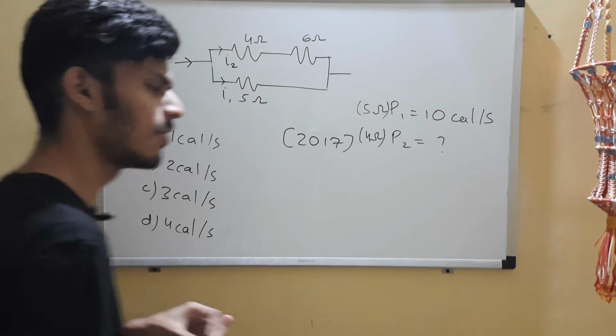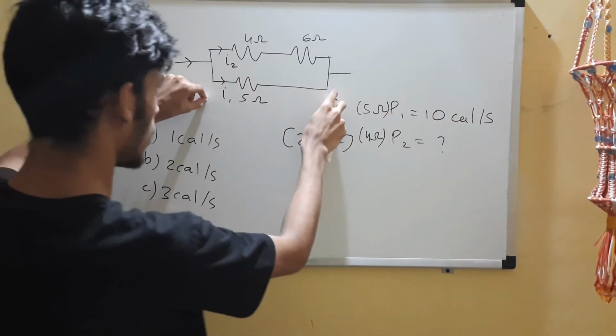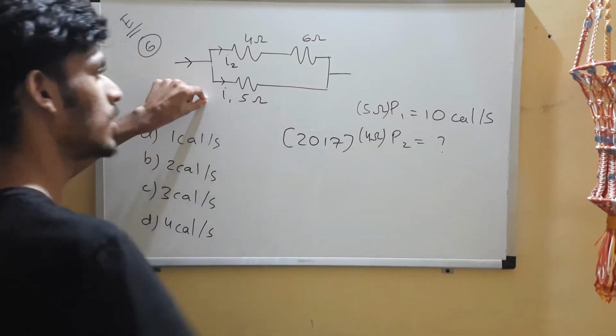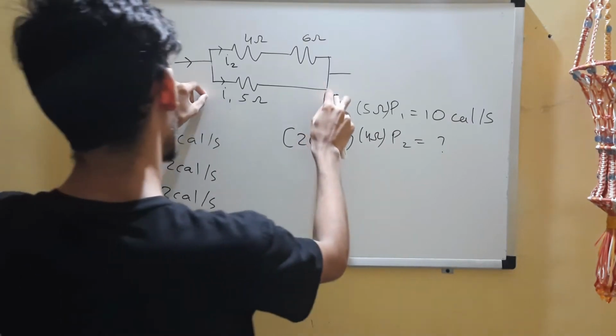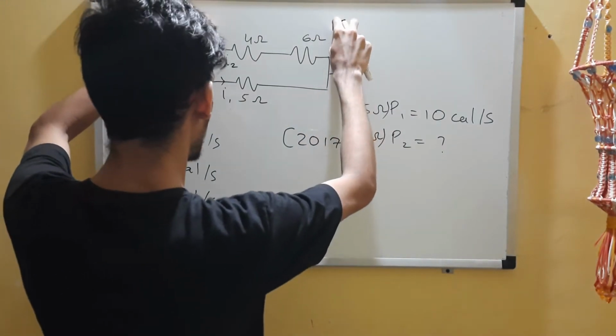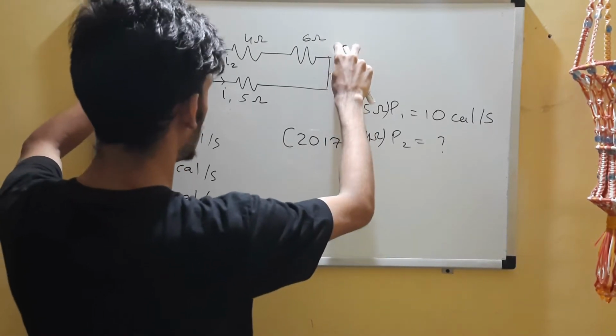So one straightforward approach of doing this question is, first you can find the voltage across these points. You know the power, you can just use V square by R and you can find the voltage across these 2 points. The same voltage will be across these 2 points over here because they are in parallel, so same voltage drop over here.